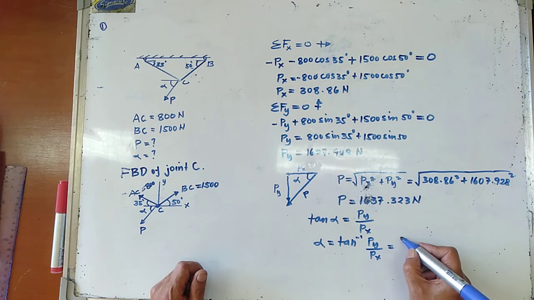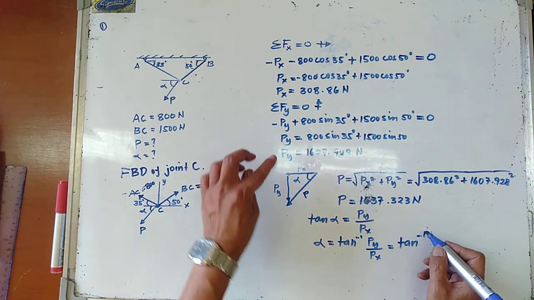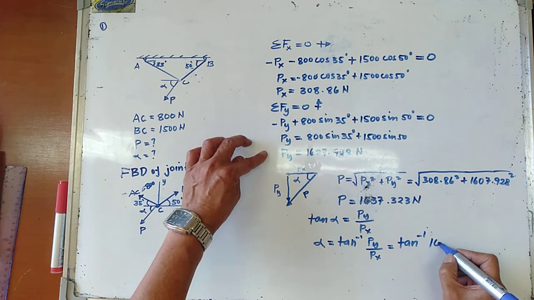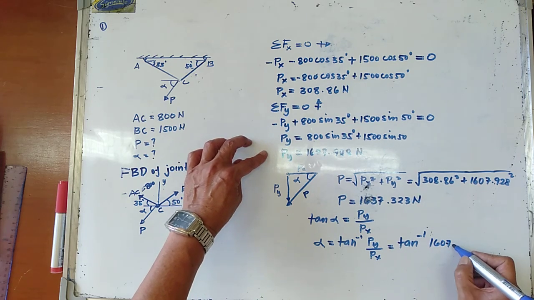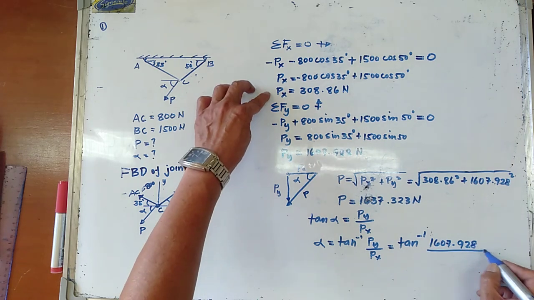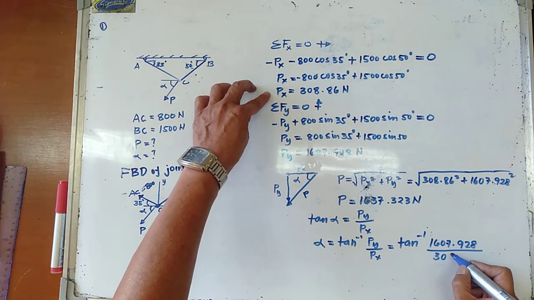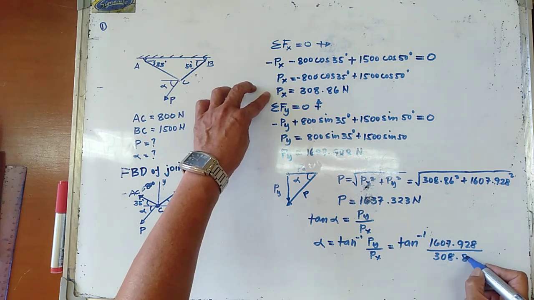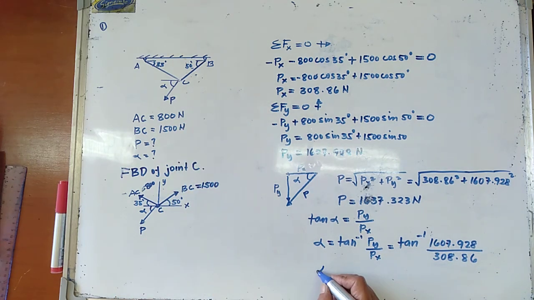So that is equal to the arctangent of 1607.928 over 308.86. So that your alpha in here is equal to 79.13 degrees.